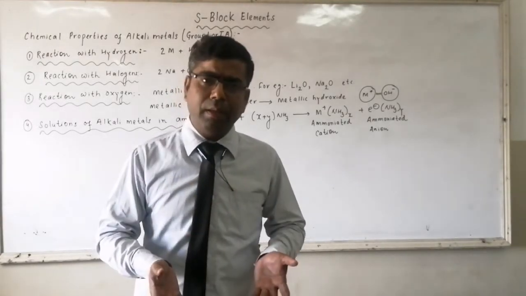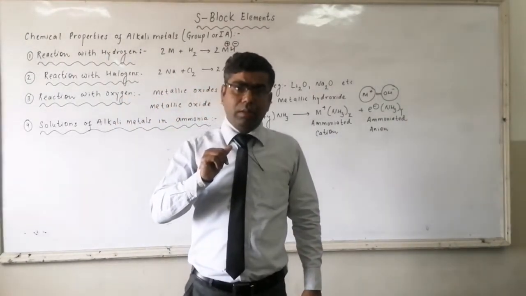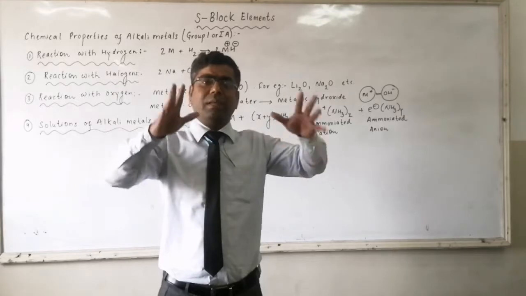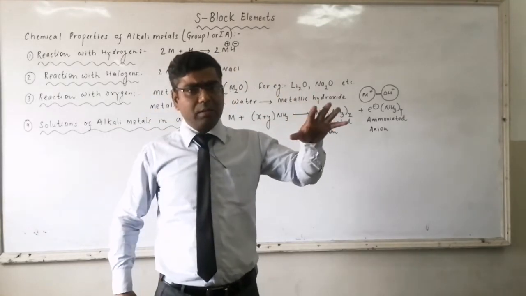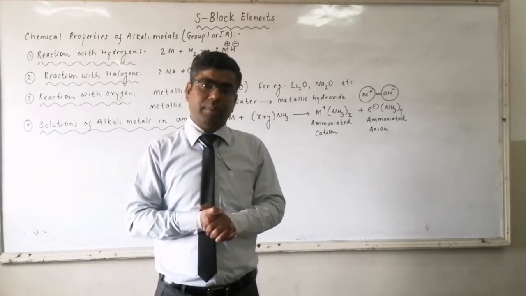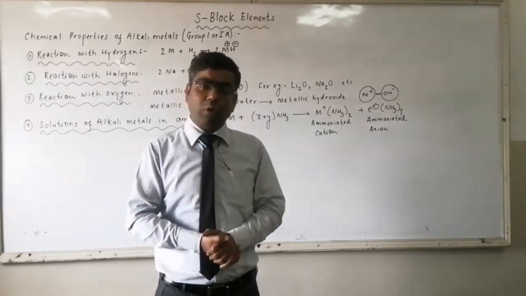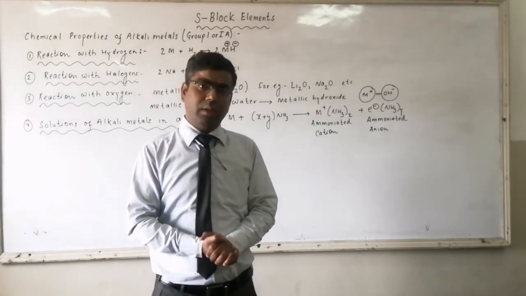Reason is very simple. Alkali metals have one valence electron. Halogens have 7 electrons in their valence shell. Halogens require 1 electron for the completion of the octet. Alkali metal, by losing its 1 electron, will acquire the nearest noble gas electronic configuration.